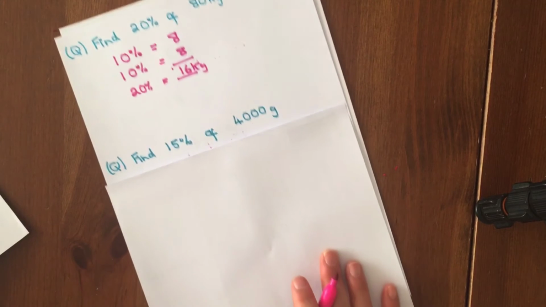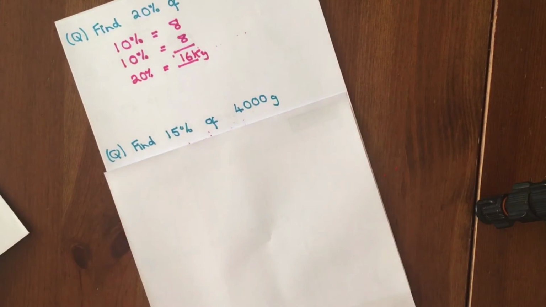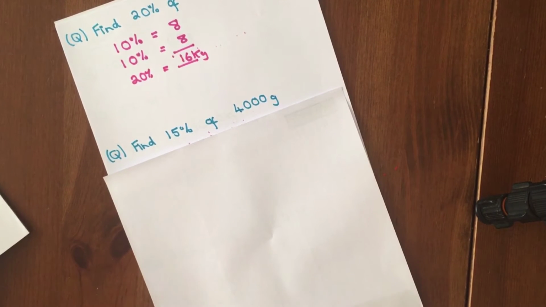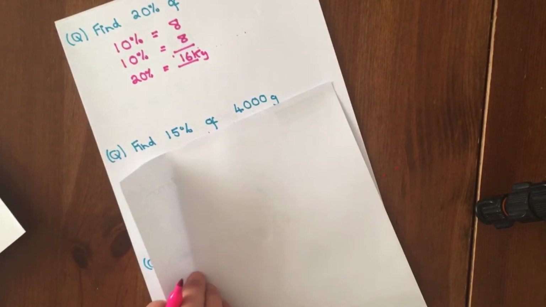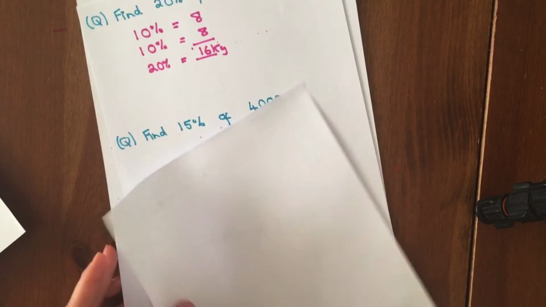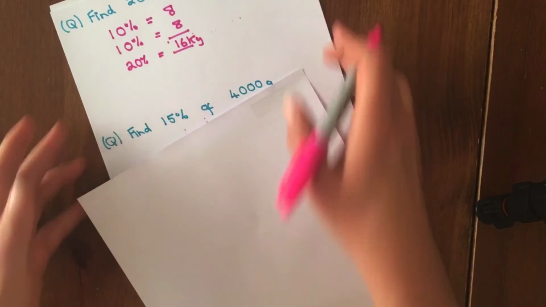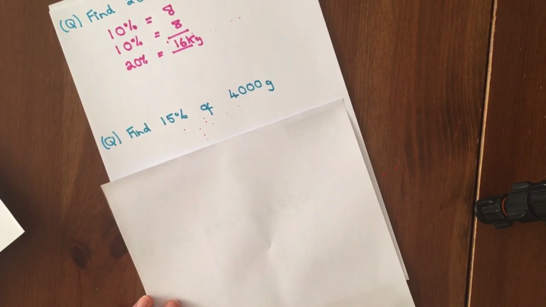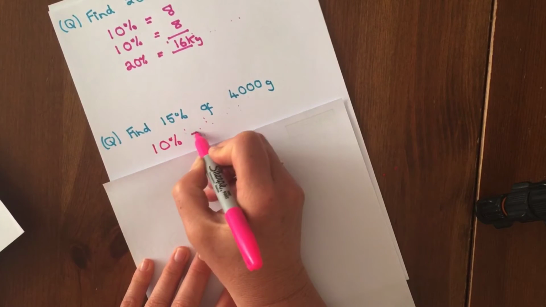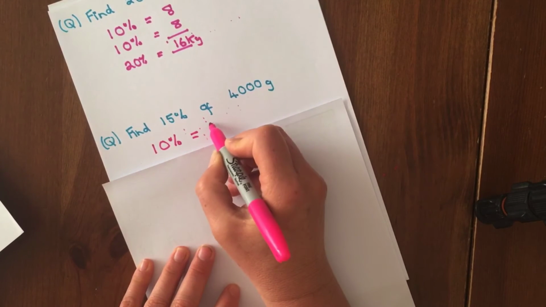A little bit harder now, finding 15% of 4,000 grams. To find 15% of 4,000 grams, I find 10% first. To find 10%, I divide by 10.